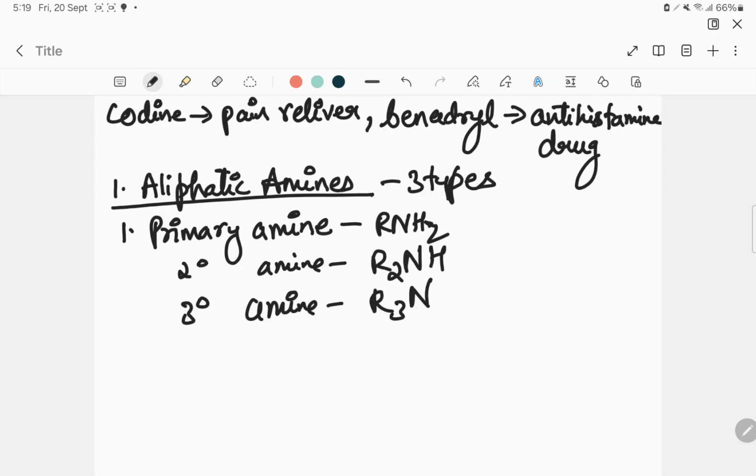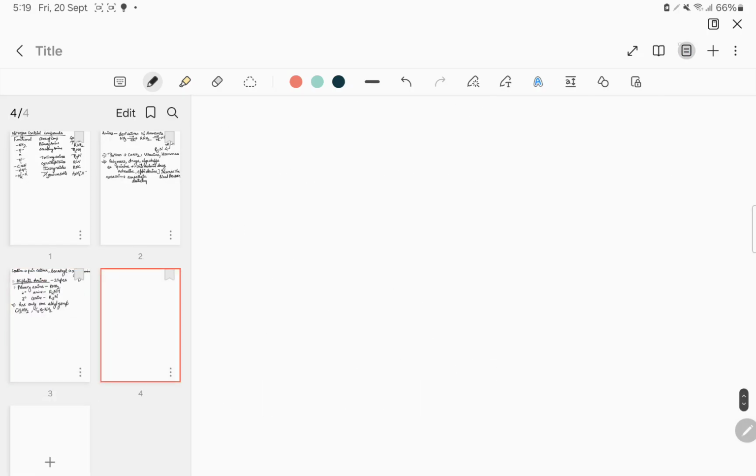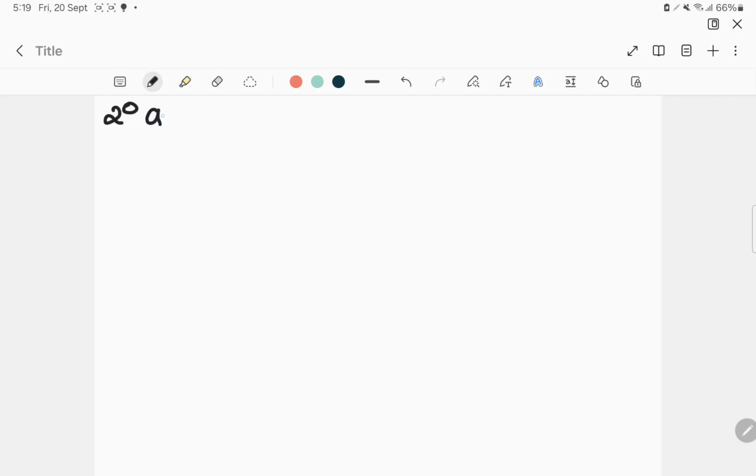The primary amine has only one alkyl group. So examples are methylamine or ethylamine and so on. Now in the case of secondary amines, it has two alkyl groups attached to NH.